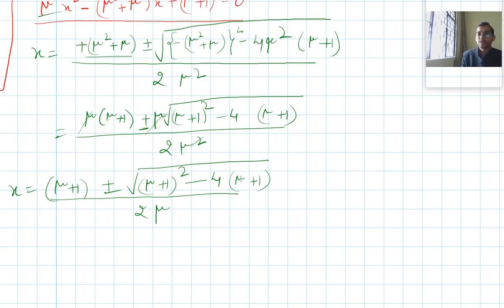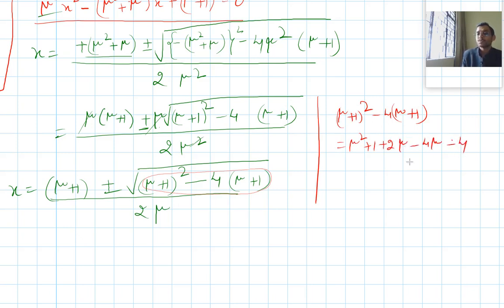And let me try to solve this part also. Let us have a look at it. Mu plus 1 whole square minus 4 mu plus 1 can be written as mu square plus 1 plus 2 mu minus 4 mu minus 4, and it is mu square minus 2 mu minus 3.